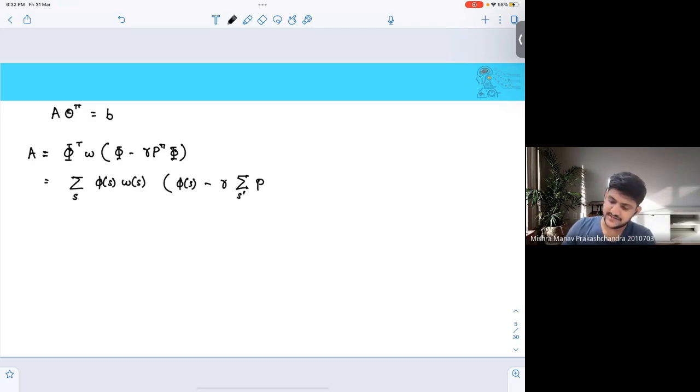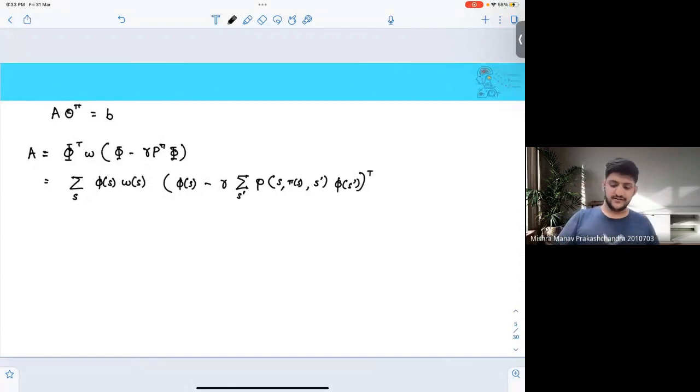So here this is the probability of state, action, and the next state. But since we are fixing a policy pi, my action is not a but rather pi of s, times the remaining phi(s prime) term, the whole transpose. This is done because I have written it in the vector notation.